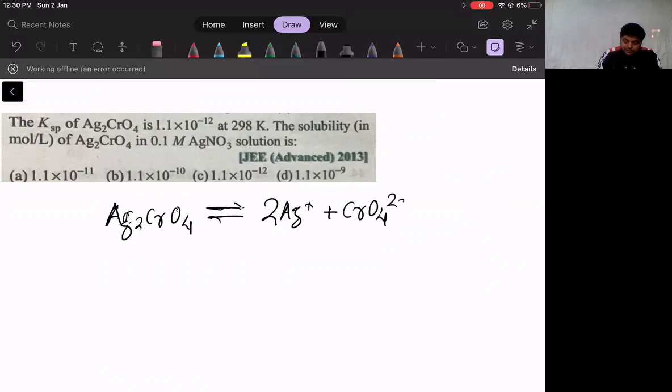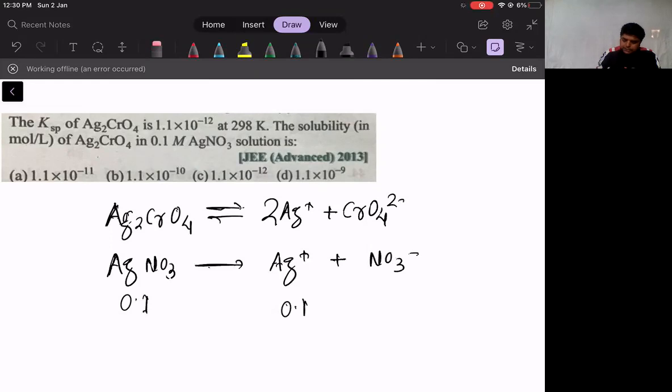Simultaneously, there is AgNO3, and this is a strong electrolyte. So this will dissociate, giving the Ag+ and the NO3- ions. So Ag+ will come from two sources, one being the sparingly soluble salt Ag2CrO4, the other being the AgNO3, whose concentration has been given as 0.1.